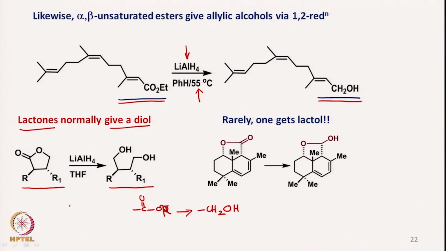In this simpler case, when the reduction occurs, we have the intermediate as the lactol, which is then further reduced to the corresponding diol, because a lactol is nothing but a hydroxyaldehyde; once this opens, it is going to form the omega hydroxyaldehyde.